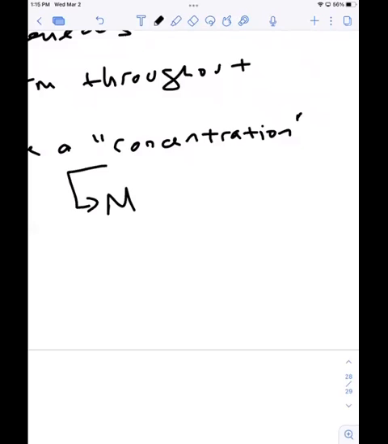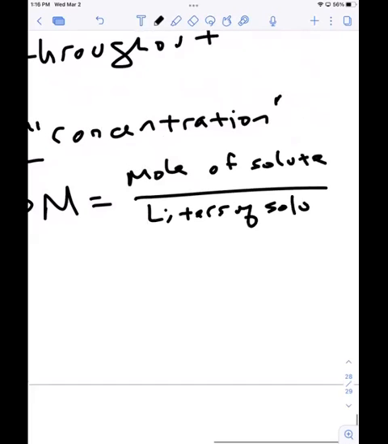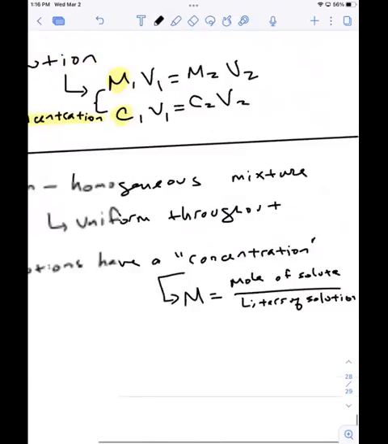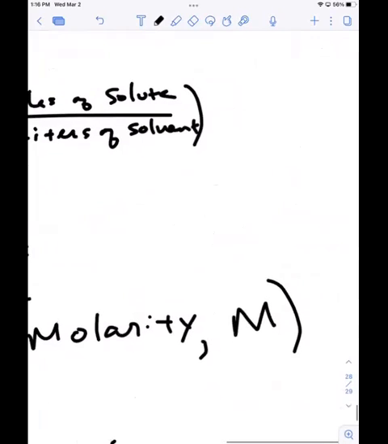Big M is moles of solute over liters of solution. Let me fix this up here. I had put solvent, and I don't want to indicate that, because the solvent by itself is a component of the solution. But once you mix the two components, the solute and the solvent, it becomes a homogeneous mixture.